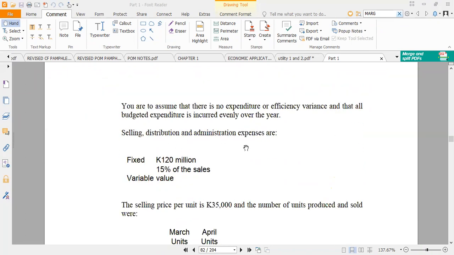Selling, distribution, and administrative expenses are fixed at 120 million for the entire year. Because we assume that all budgeted expenditure is incurred evenly over the year, we divide the 120 million by 12 months to get 10 million, which is the budgeted selling, distribution, and administrative expense for a month.